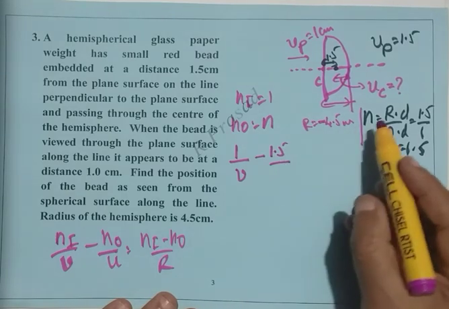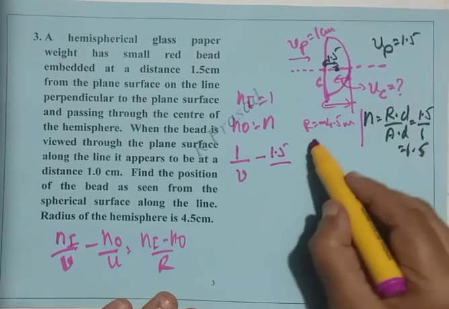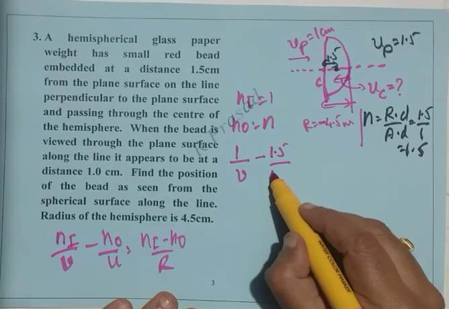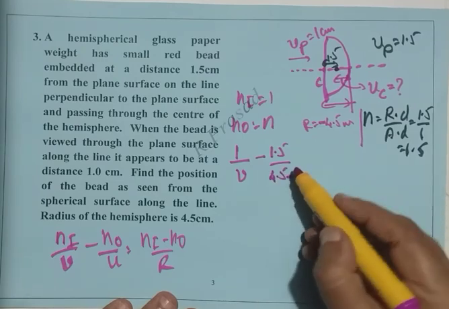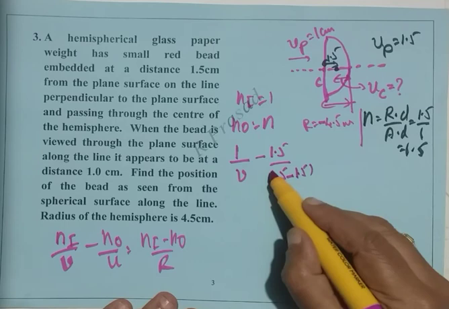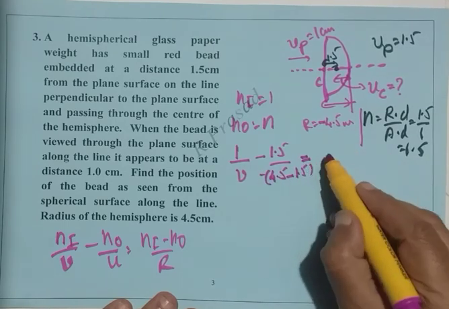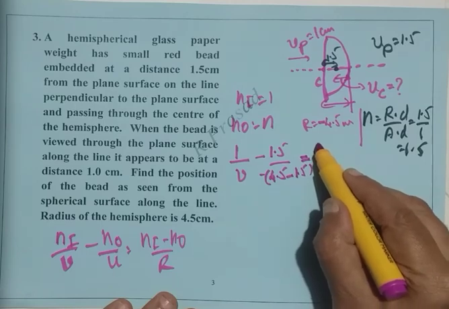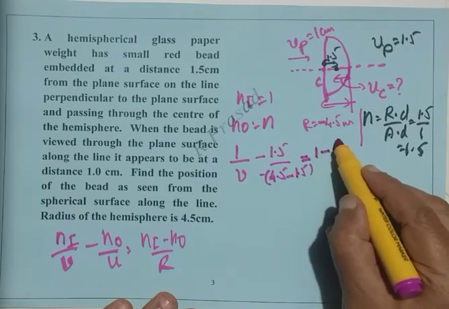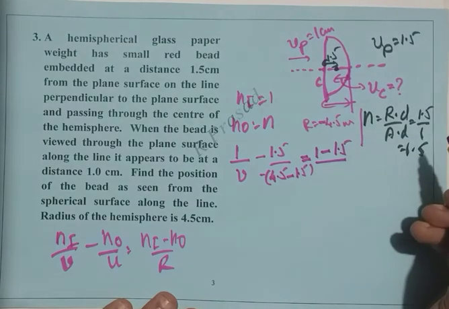Means, say UC is in fact 4.5 minus R minus 1.5 with minus sign is equal to Ni 1 minus 1.5 divided by R.